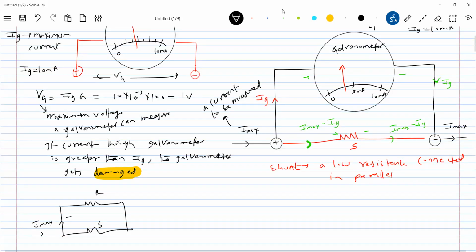Then a current will branch, the remaining Imax minus Ig, and the same current it has to leave. This is Ig. So this is the equivalent circuit.